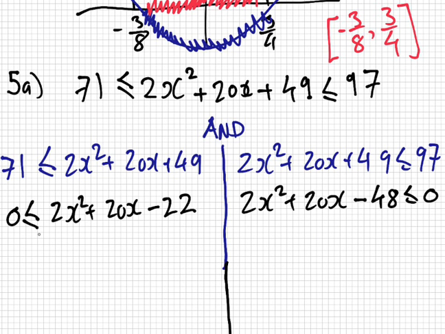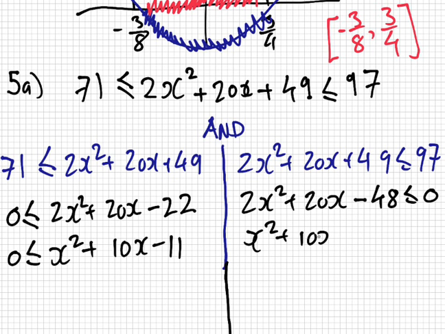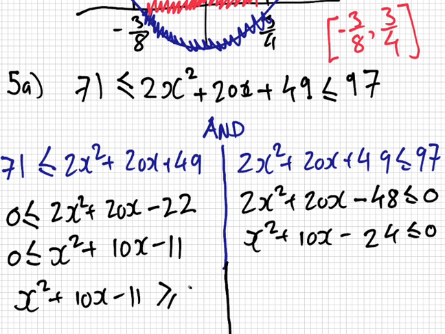I can divide everything here by 2. X squared plus 10x minus 11. And then likewise here, x squared plus 10x minus 24. So I have x squared plus 10x minus 11, that's to be positive because it's to be bigger than 0. And then I have x squared plus 10x minus 24, and that's to be negative.